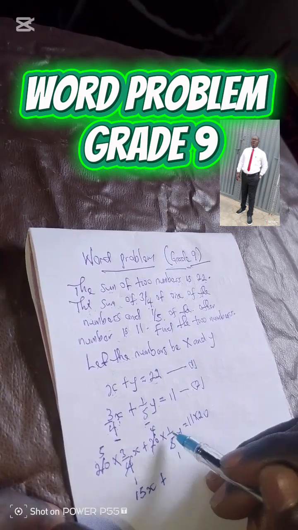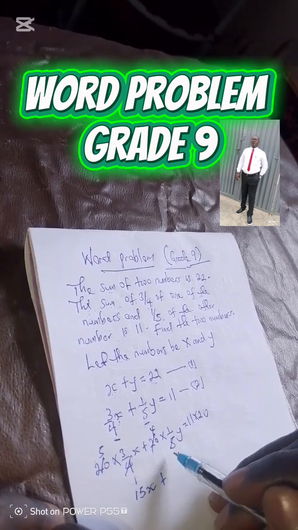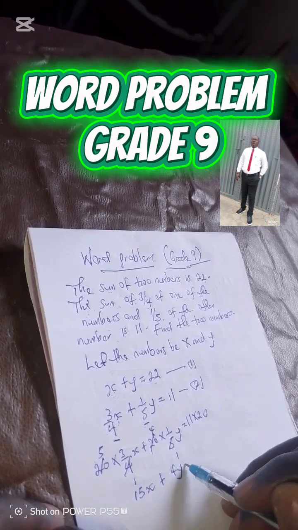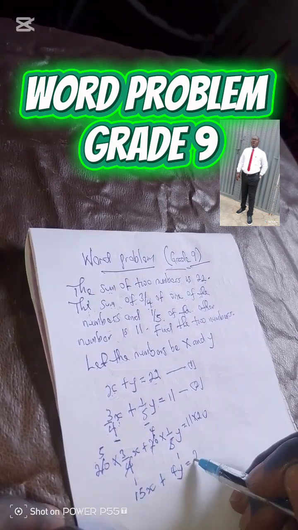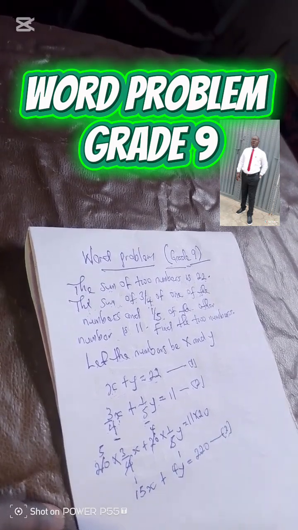Then 5 goes into 20 four times, so 4 times 1 is 4y, equals 11 times 20, which is 220. So this gives us equation 3.